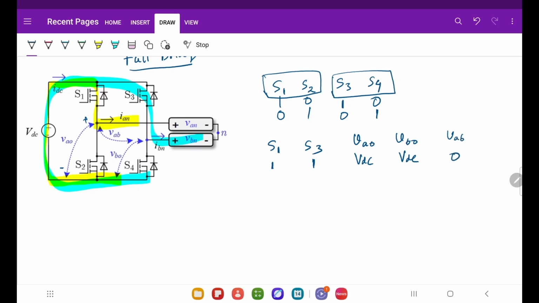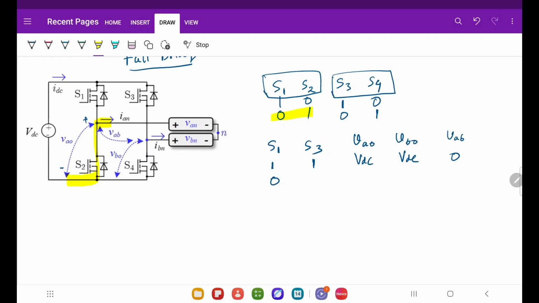VAB is 0. Now if S1 is 0, let me draw this for you. If S1 is 0, that means S2 is on, right? S2 is on means it is short circuited like this from this point to this point.